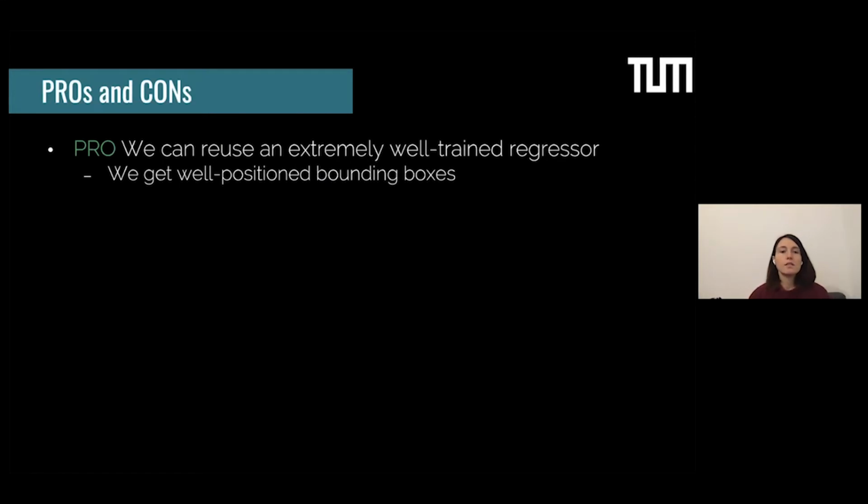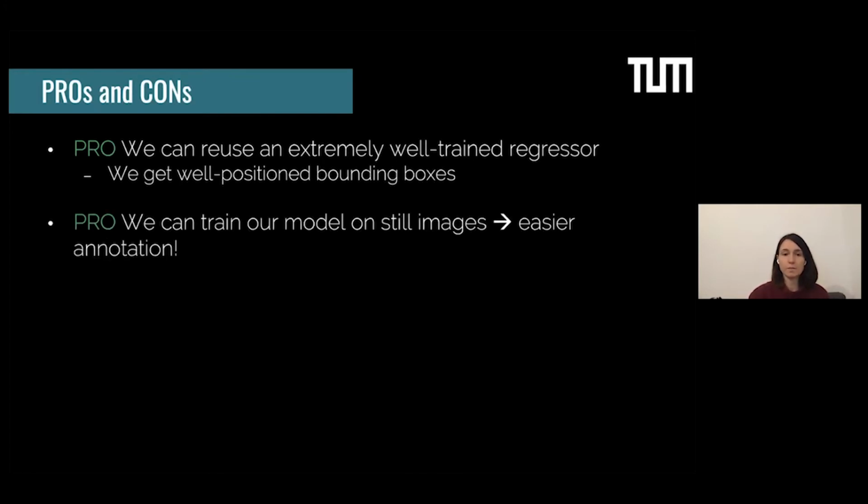Of course, this is first of all a very easy paradigm that has quite some advantages. For example, we don't even need to retrain this regressor. We can use these extremely well-trained regressors that are trained for detection, and we automatically get well-positioned bounding boxes. We can also train our model on still images if we need to.